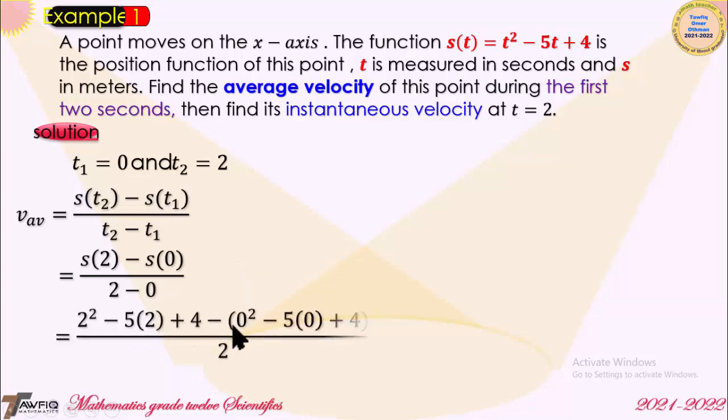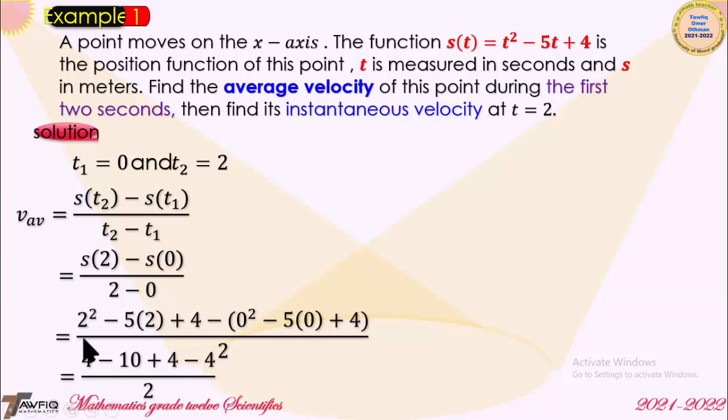Now replacing 2 in place of t in the position function, it becomes 2² - 5 times 2 + 4, minus, after that replacing 0, it becomes 0² - 5 times 0 + 4, over 2 - 0, which is 2.